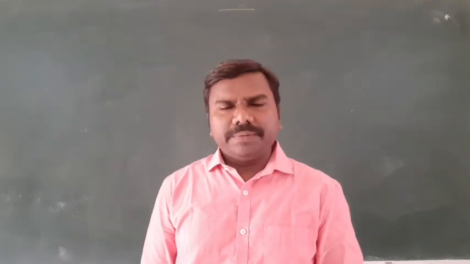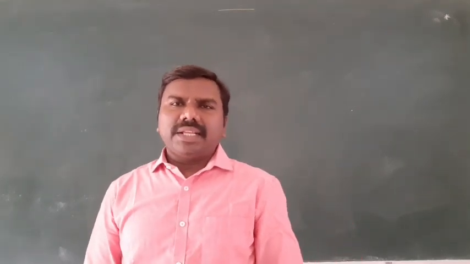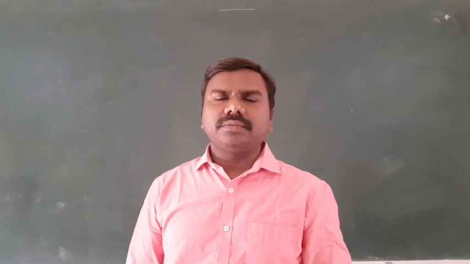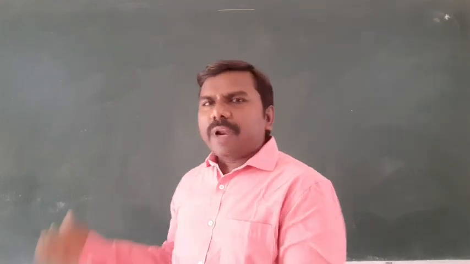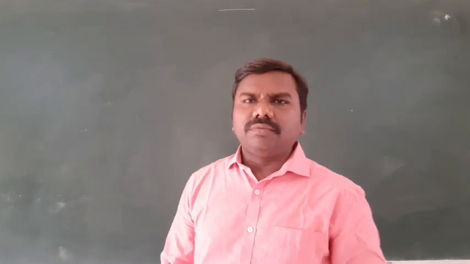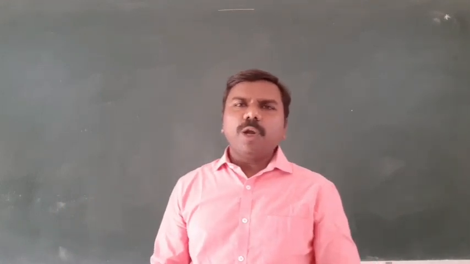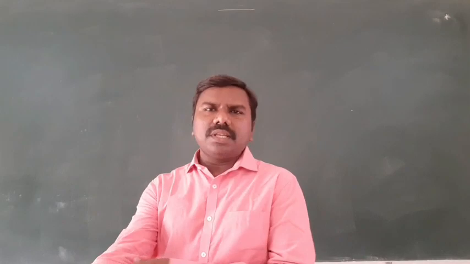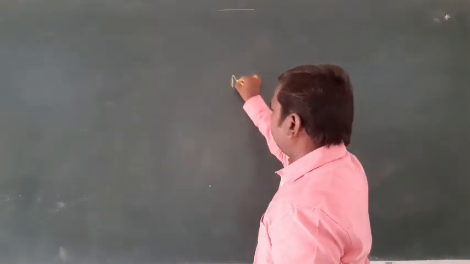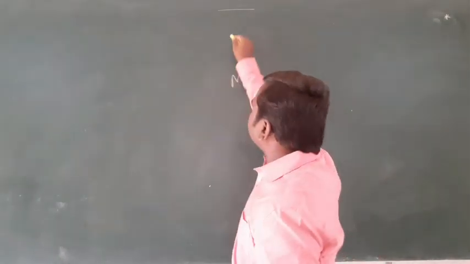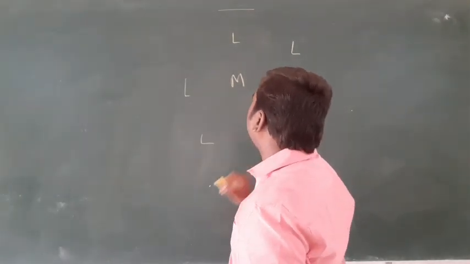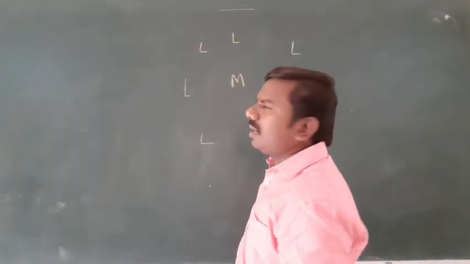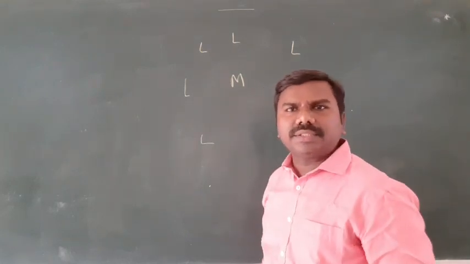Valence bond theory. The drawbacks of Werner's theory, as I told you just now, are explained by this theory, VBT, valence bond theory. According to this theory, the central metal atom is surrounded by ligands.